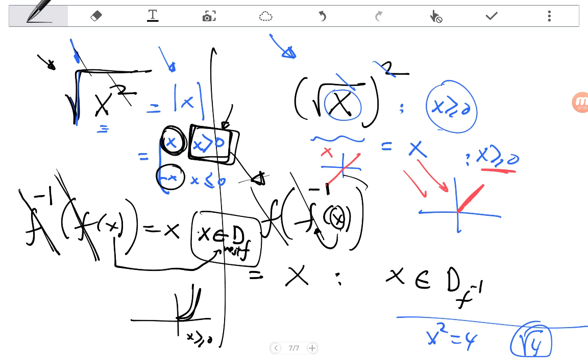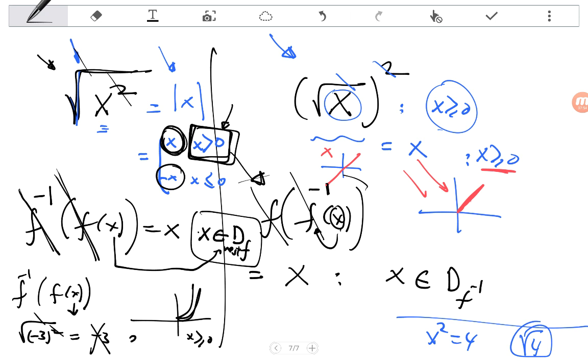But if you are outside the restricted domain, for example, if I give you f inverse of f of x, and this x is outside the domain, for example, for x squared, I give you a negative number: root of negative 3 all squared. Would the root cancel the square and give me negative 3? No, this is a wrong answer. A root never gives me a negative.